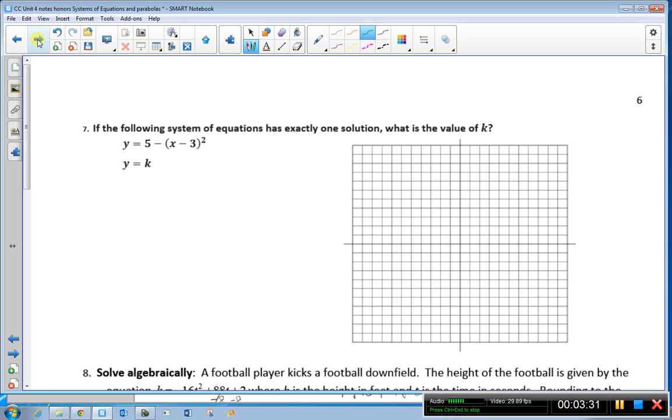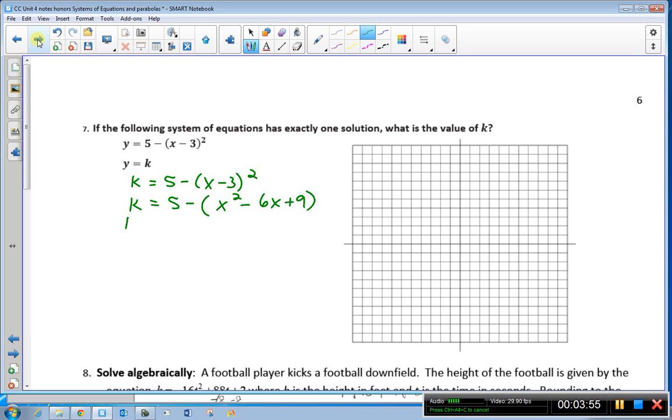If the following system has exactly one solution, what is the value of k? So I set the two y's equal. K is equal to 5 minus (x minus 3) quantity squared. And then k is equal to 5 minus (x squared minus 6x plus 9).